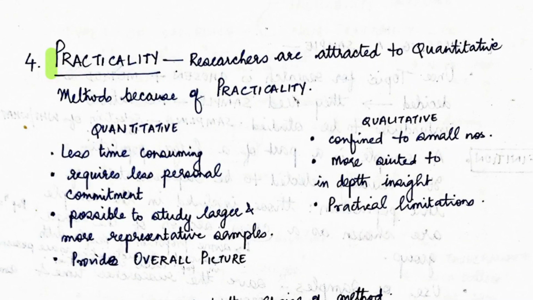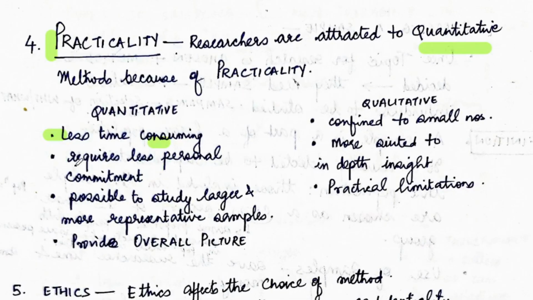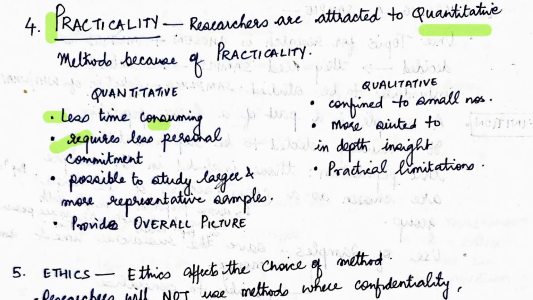The researchers are attracted to quantitative methods because of practicality, because of the managerial and the logistical advantages. So when we compare quantitative versus qualitative methods on this aspect of practicality, quantitative methods are less time consuming, they require less personal commitment, and they're possible to study larger and more representative samples and therefore provide an overall picture.